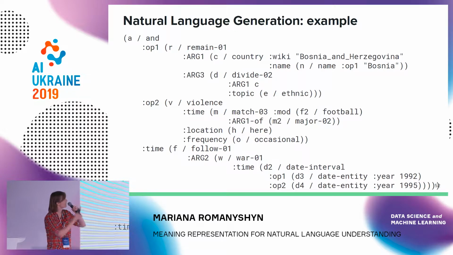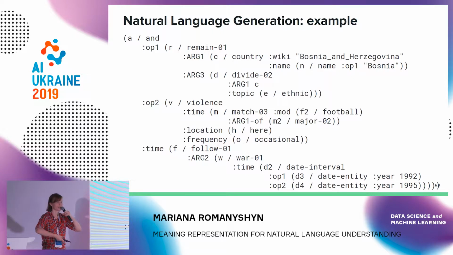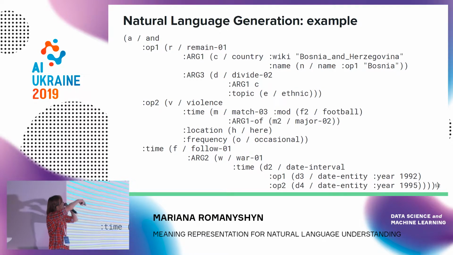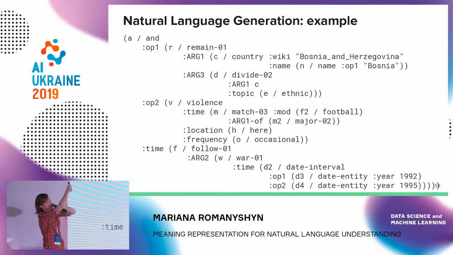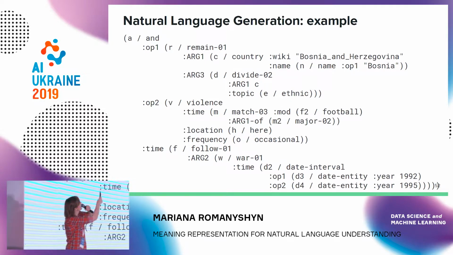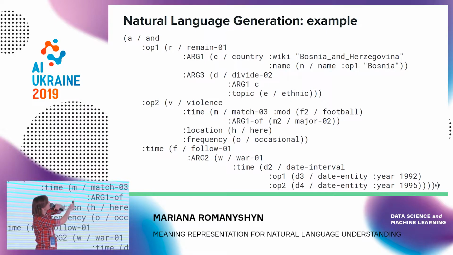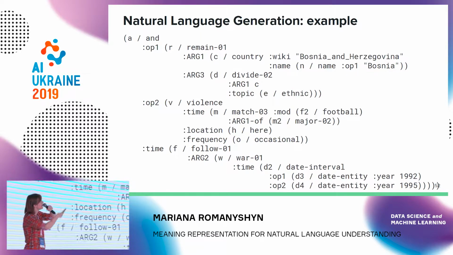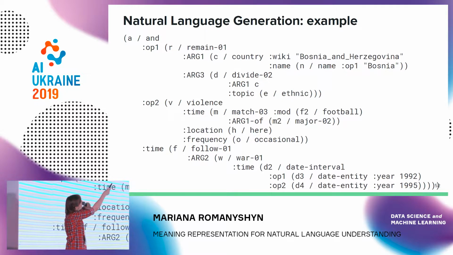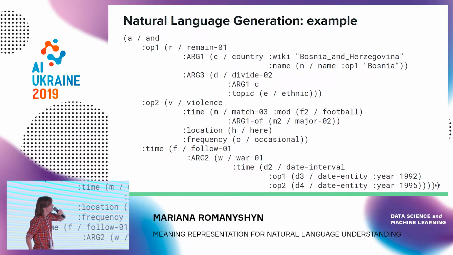Let's look at a brief example of natural language generation. This is quite a complex AMR graph. You can see that the focus of the AMR graph is two actions, so there are two events. One event is that the country, and you can see Wikification here, that is Bosnia and Herzegovina, mentioned as Bosnia in the original text, remains probably divided on some ethnic topic, right?